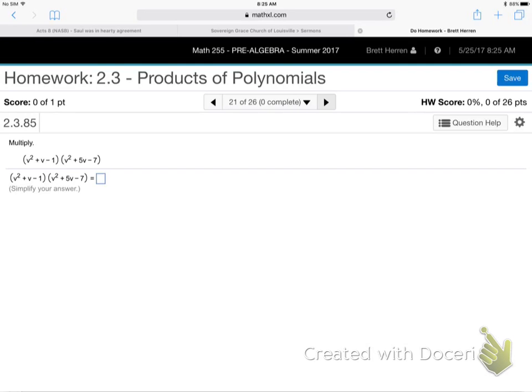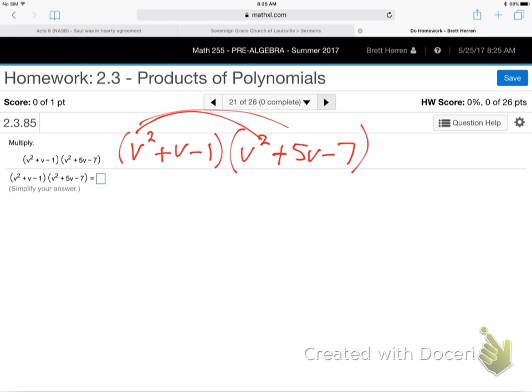All right. So v squared plus v minus 1, v squared plus 5v minus 7. Let me just give a little help. It's going to be 9 multiplications altogether. How do I know that? The first v squared is going to go boom, boom, boom.